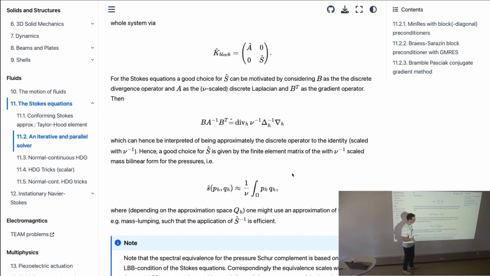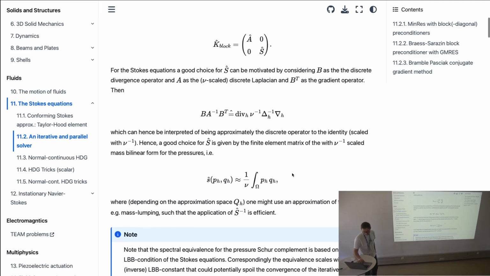So, bearing with the hand waving, you have a derivative here, and here you have one over two derivatives. So this is pretty close to a mass matrix with a nu inverse. So probably a pretty good preconditioner or solver for that lower block is the mass matrix on our pressure space with one over the viscosity scaling.